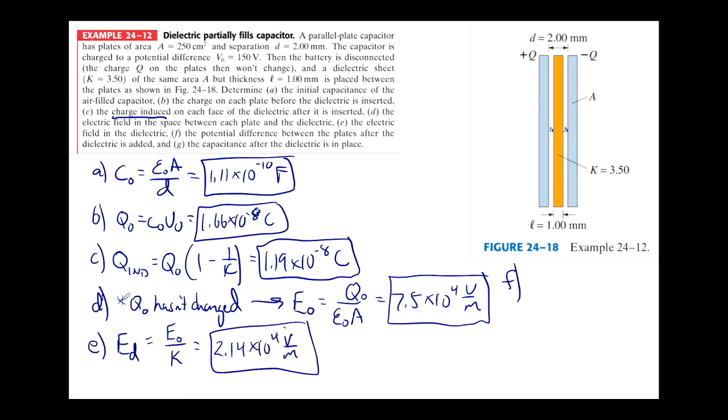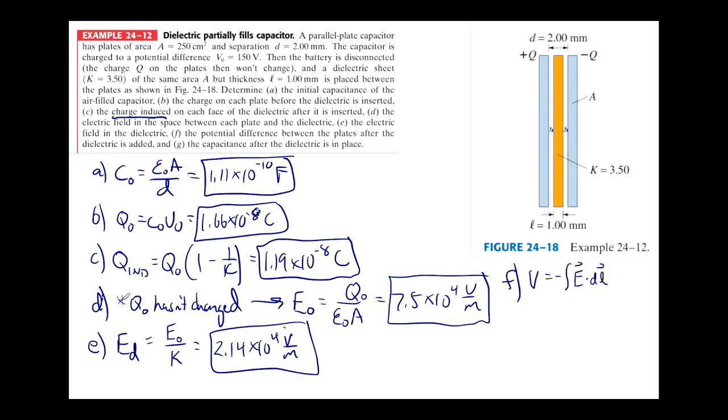And it's part F that I've been really wanting to get to. Part F asks for the potential difference between the plates after the dielectric is added. We could use the relationship between the electric field and the distance between the plates to help us find that potential difference, but it looks a little different than what we've done before. We could say that V is equal to minus the integral of E dot dl from one plate to the other.